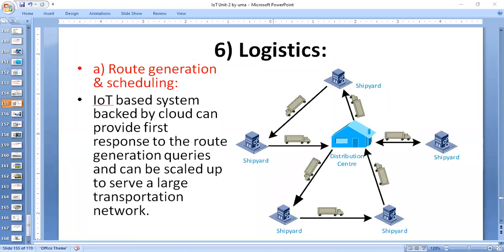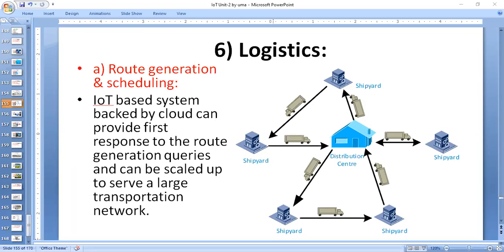By collecting large amounts of data from various sources, you process data into useful information. Data-driven transformation can provide new services such as advanced route guidance, dynamic vehicle routing, and customer demand for pickup and delivery problems. That is route generation.